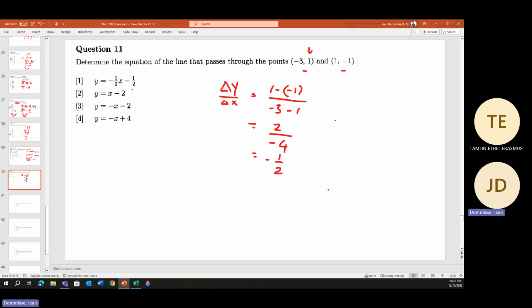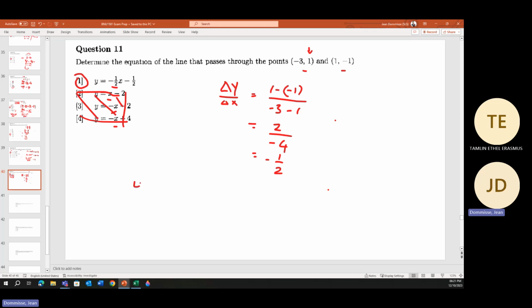Okay, so the slope is the 1 in front of the x, minus a half, plus 1, minus 1, minus 1. So basically, those are all wrong. It should be option 1, but let's just make sure.